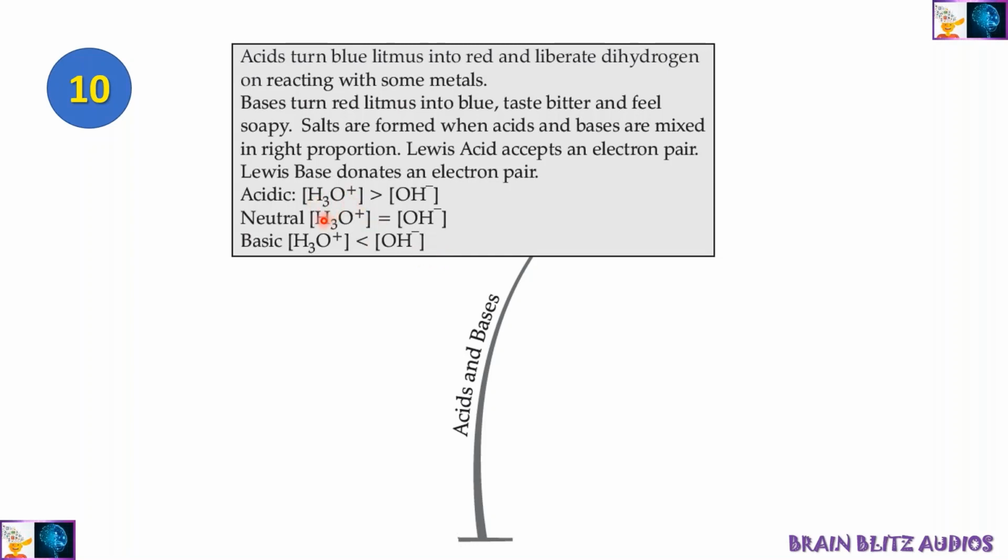In these, you see the formula H3O+ written. H3O+ is hydronium. Essentially it is the addition of H+ and water to form H3O+. So if you see H+ or H3O+, remember that they mean the same thing with regards to acidic, neutral, and basic solutions.